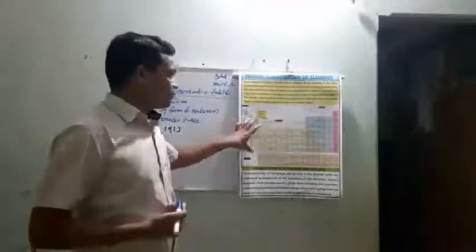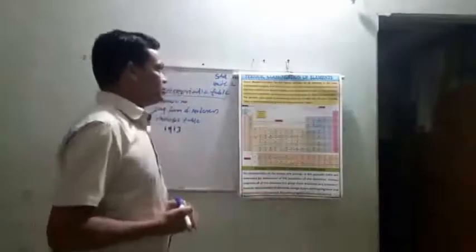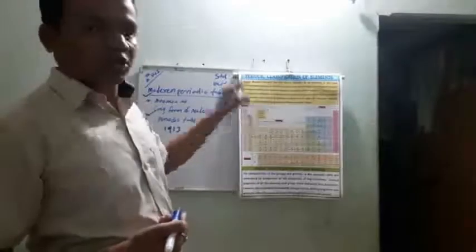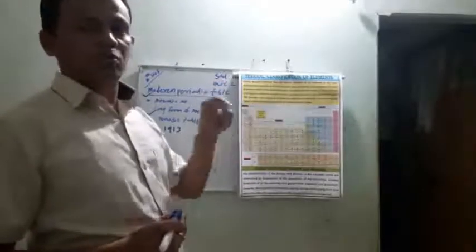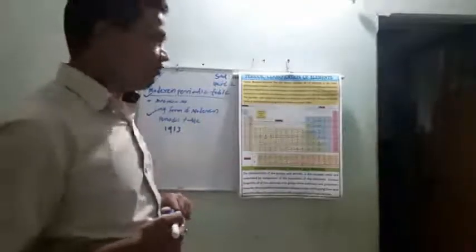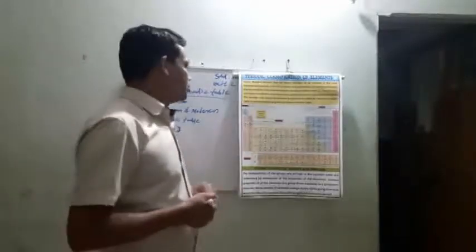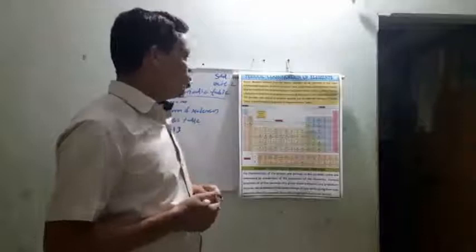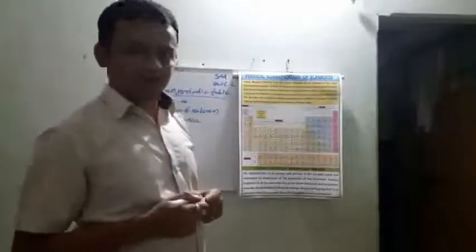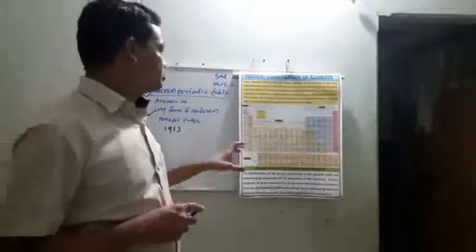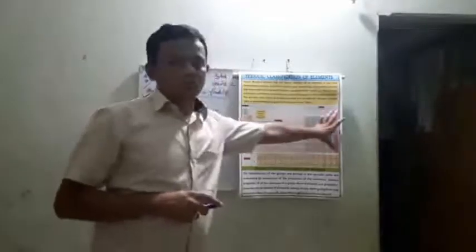So this table was based on the modern periodic law, in which the atomic number is the most important property of the element that was used. So this is about the concept of the long form of the modern periodic table. Now we have to study this modern periodic table.